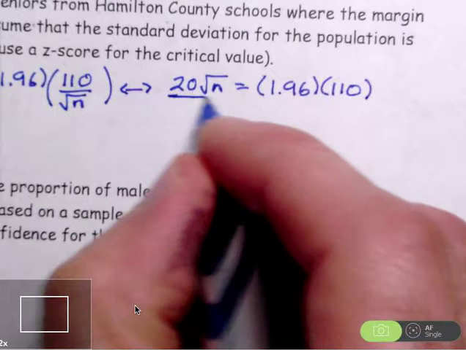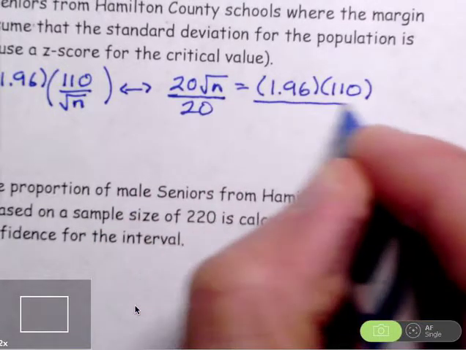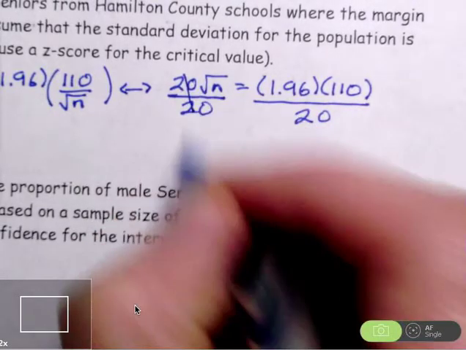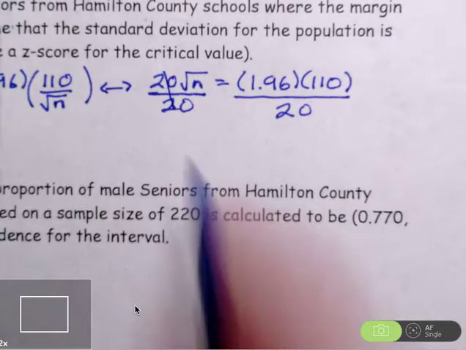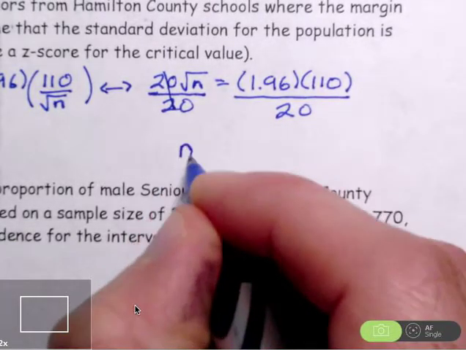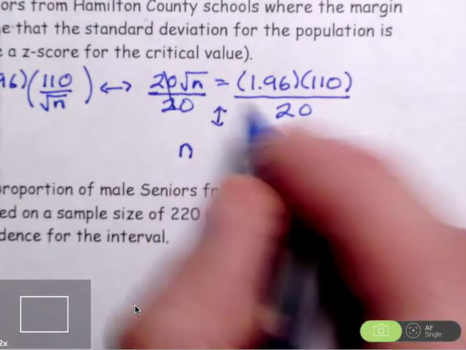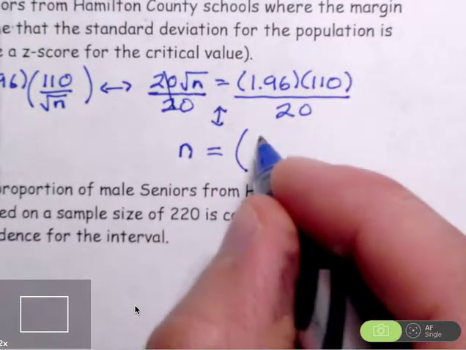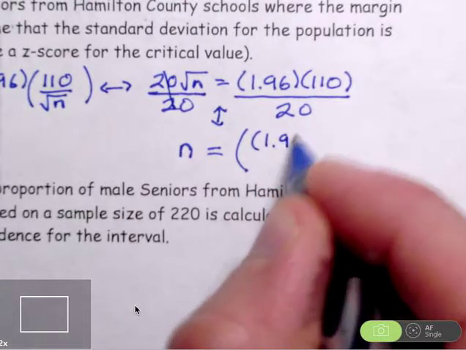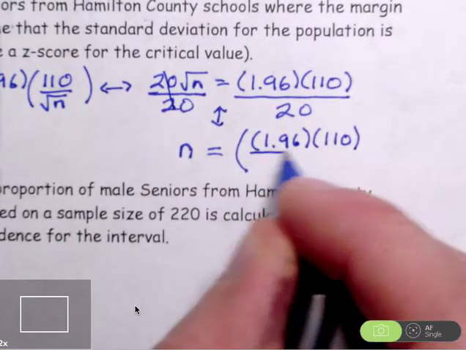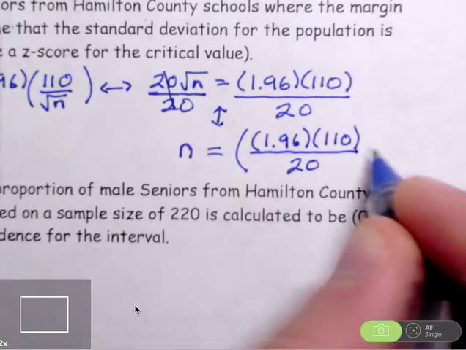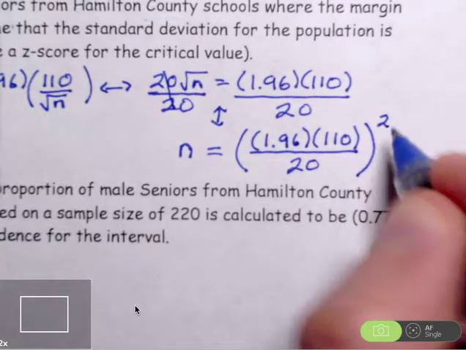So we'll divide both sides by the 20. And then finally, we can square both sides in order to solve for n. So we'll take a look at this here. Take the square of this, so we've got the 1.96, there's our critical value, times the 110, that's the standard deviation of the population that we assumed, divided by the 20. That's what we want to square.